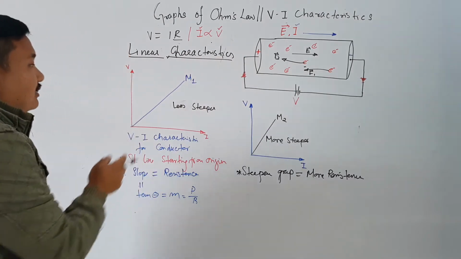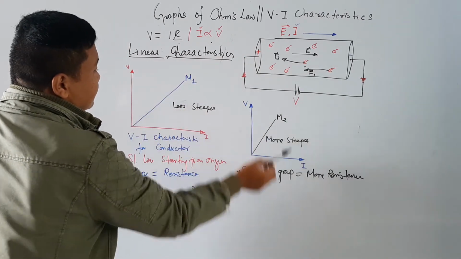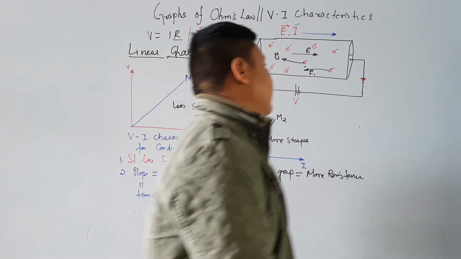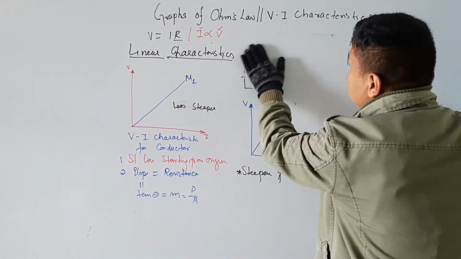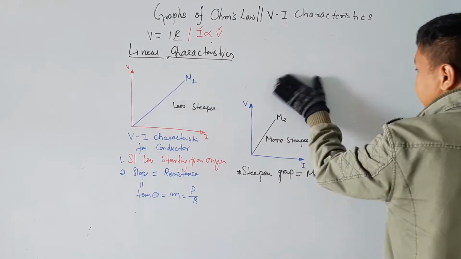Linear means all these characteristics are straight lines. Now in the next case I will do non-linear characteristics.